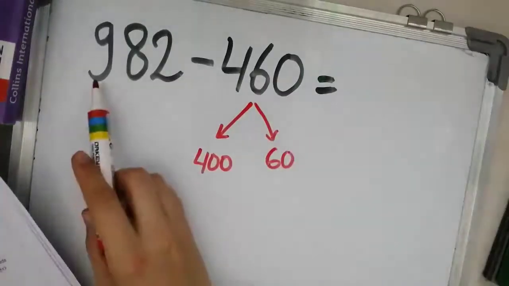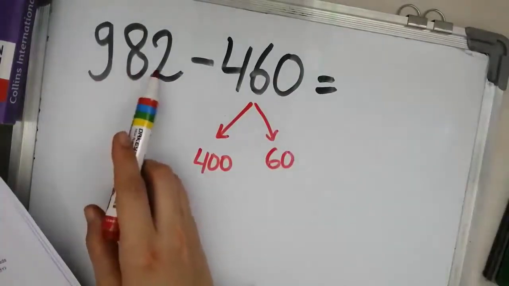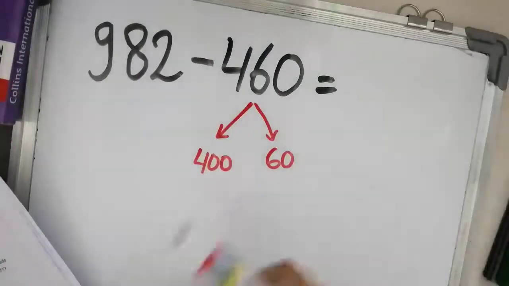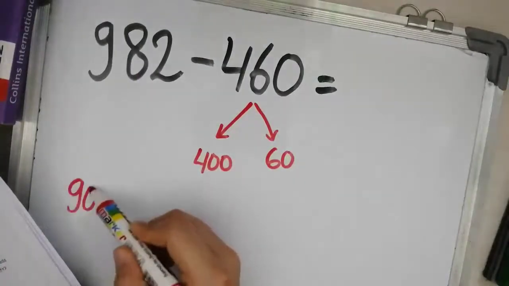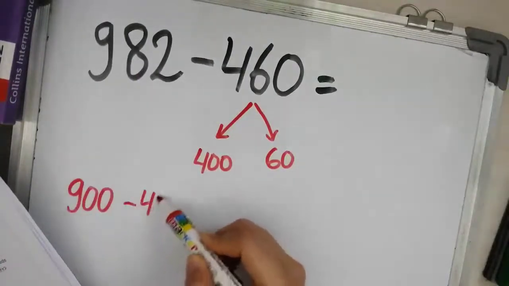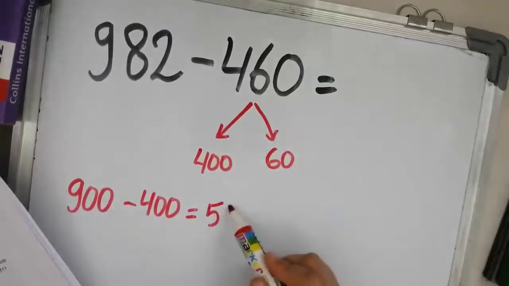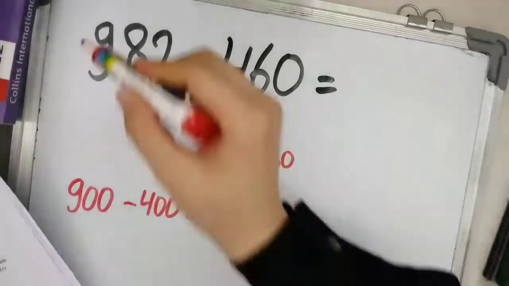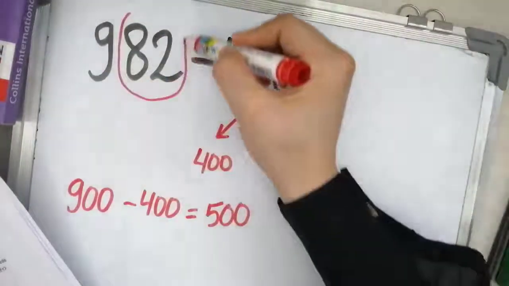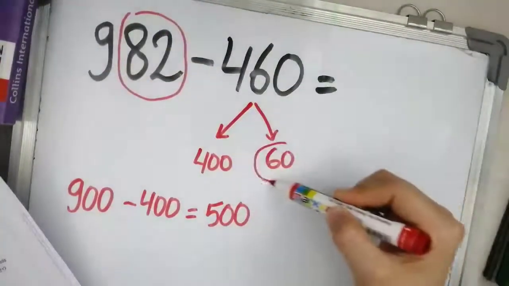Now take a look. What's 982 minus 400? Or what's 900 minus 400? The answer is 500, right? Then what's 82 minus 60?